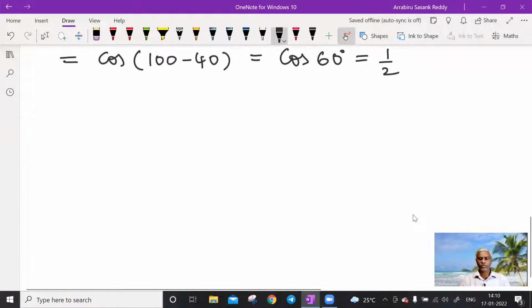Now let us take up one more problem, the second bit in the same.